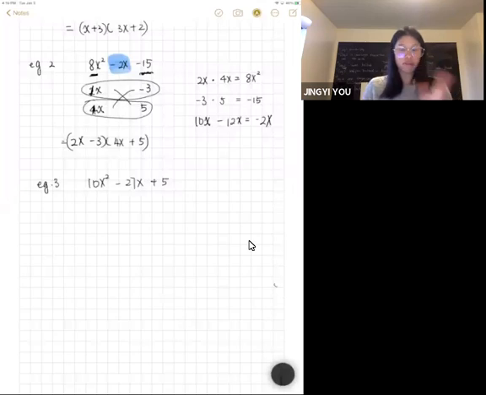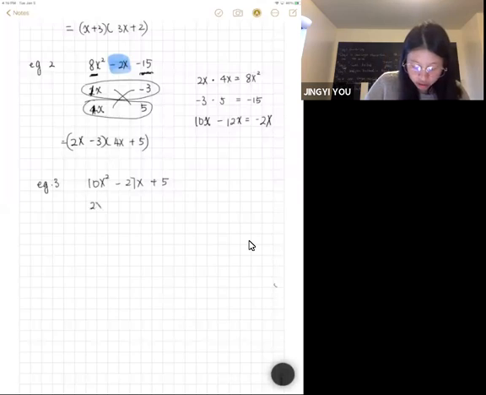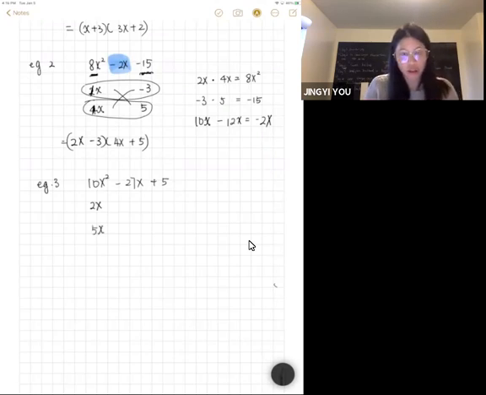Again, they don't have a common factor, so we need to use the cross multiply. We want two numbers that multiply together to get 10x squared. Well, you don't have that many options. You only have 2x and 5x. And then when it comes to 5, you only have 1 times 5.